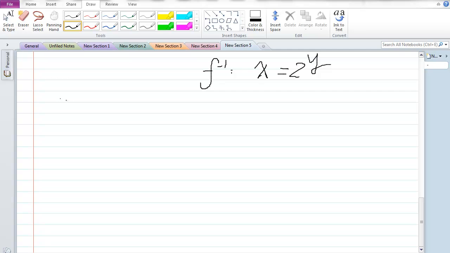Now let me show you the graph of the original function f and its inverse function.